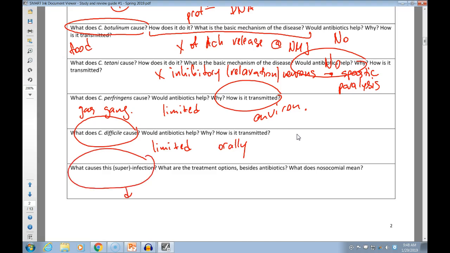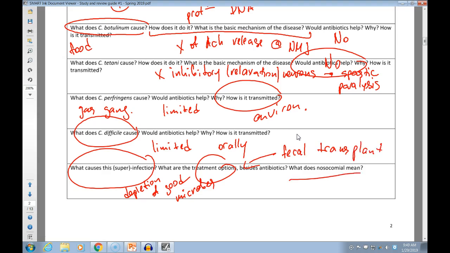Superinfection is caused by depletion of good microbes. Treatment options: fecal transplant. Nosocomial means hospital acquired.